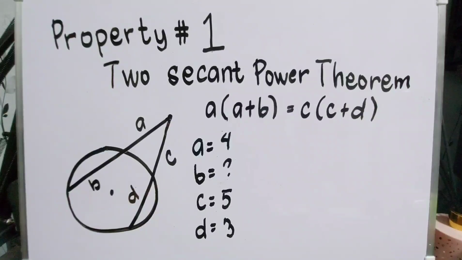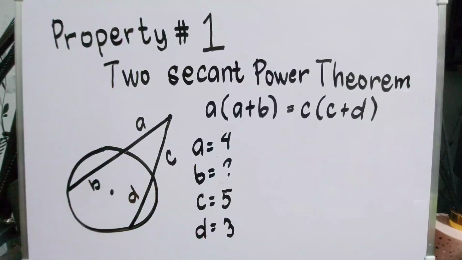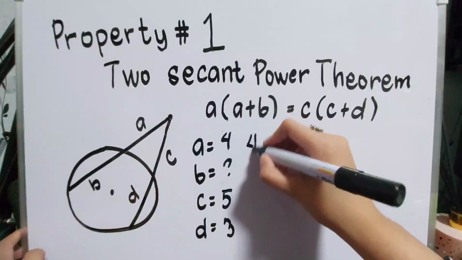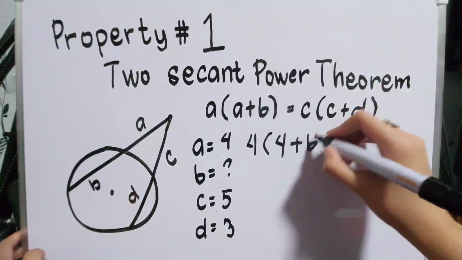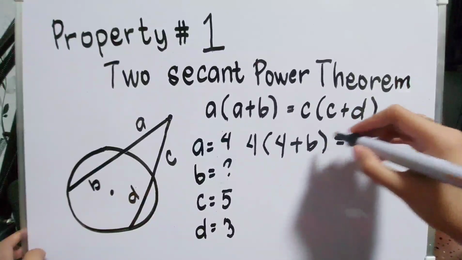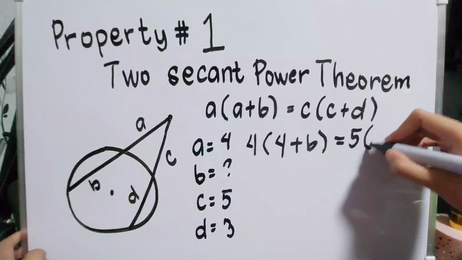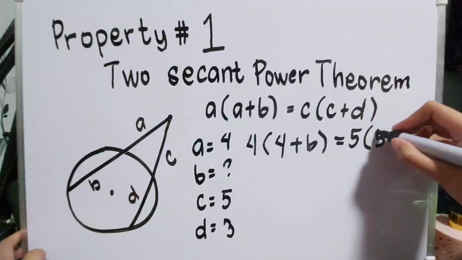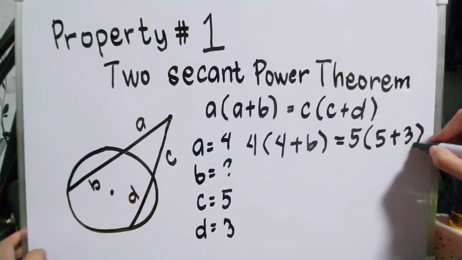So we have here the values of line segments A, C, and D. We need to find the value of line segment B. So we will substitute the given values. A, 4, times 4 plus B is equal to C is 5, multiplied to 5 plus 3.